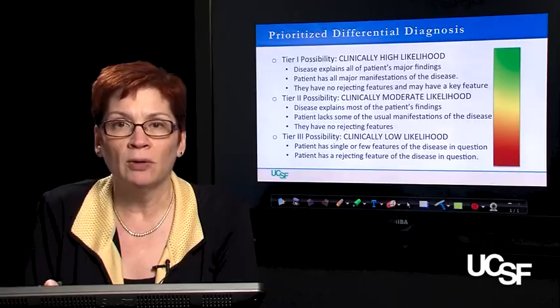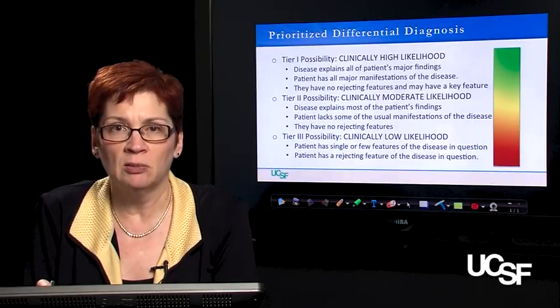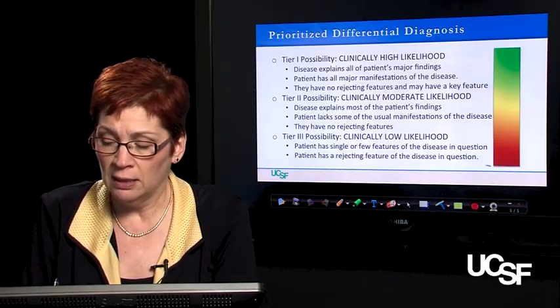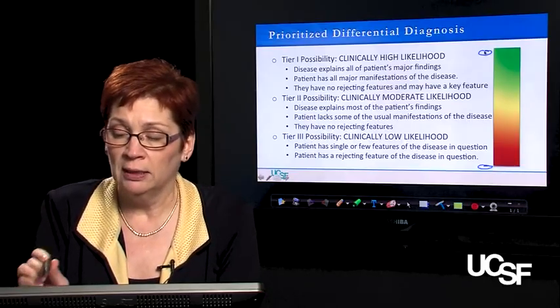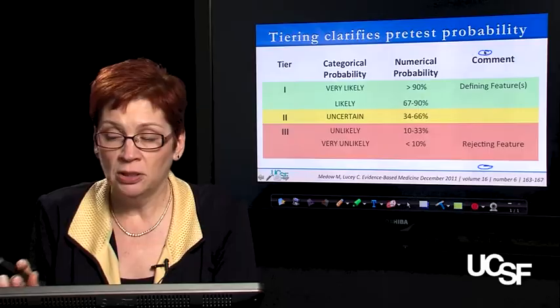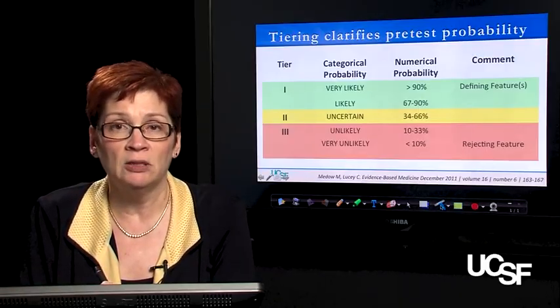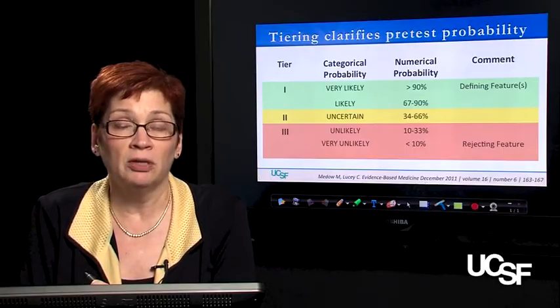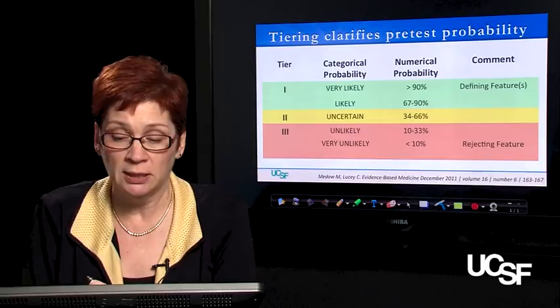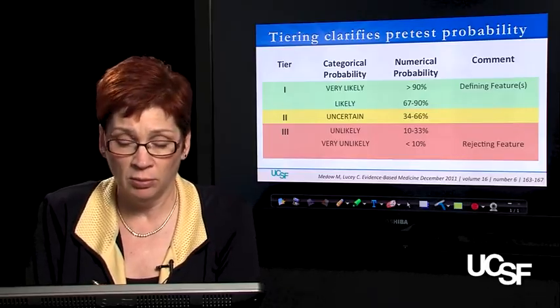We used a graphic to represent the spectrum of likelihood from very unlikely to very likely, and also added some numbers so that we could use our evidence-based medicine clinical problem-solving strategies and translate pre-test probability into post-test probability.